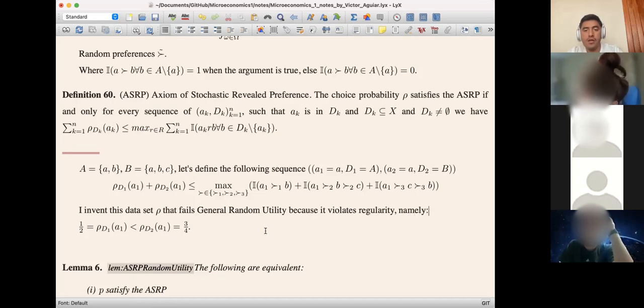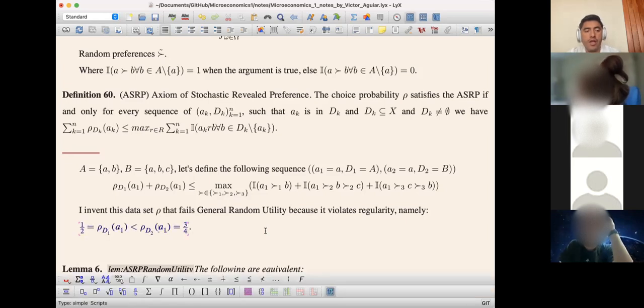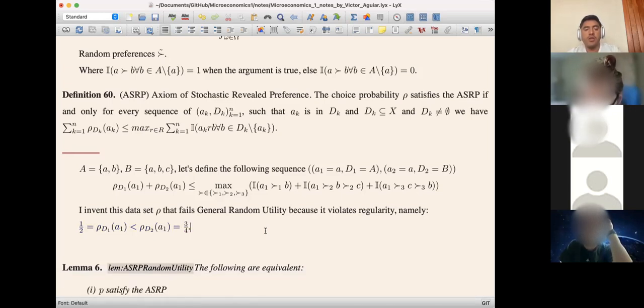Namely, rho of A1 on D1 is equal to 1/2, and then rho of A1 in D2 is equal to 3/4. So this is a violation of regularity, hence incompatible with general random utility.